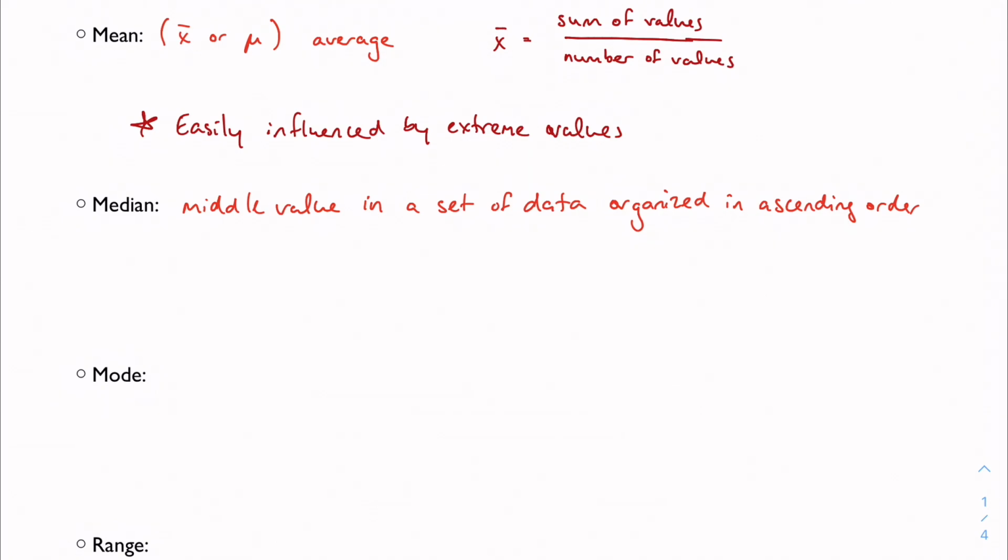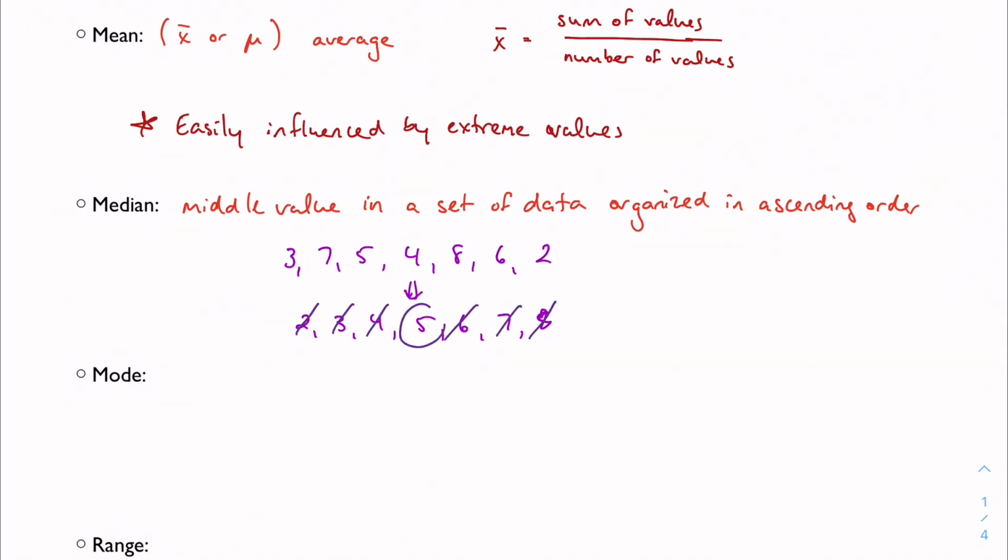Right, so if my data set is 3, 7, 5, 4, 8, 6, 2, I need to order that first. 2, 3, 4, 5, 6, 7, 8. And then find the middle, and I'm just going to do that by crossing off values. So 1 from the front, 1 from the back. 1, 1, 1, 1. This one's left in the middle. My median is 5.